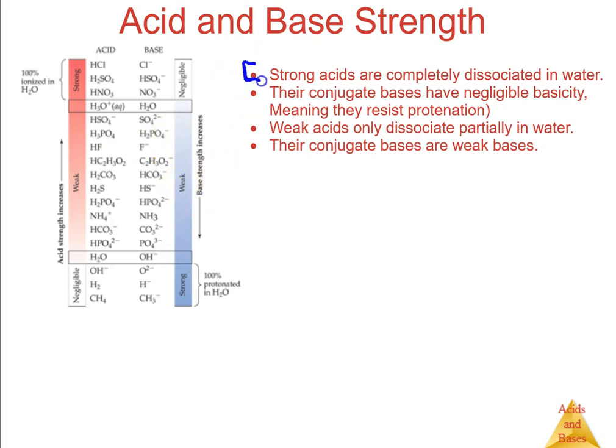Strong acids. I think we've talked about electrolytes and defined them. Strong doesn't mean they're super reactive. Like they can be, but that's not its definition. Strong means it dissociates completely when placed into water.